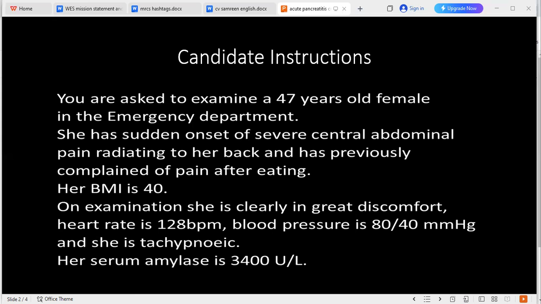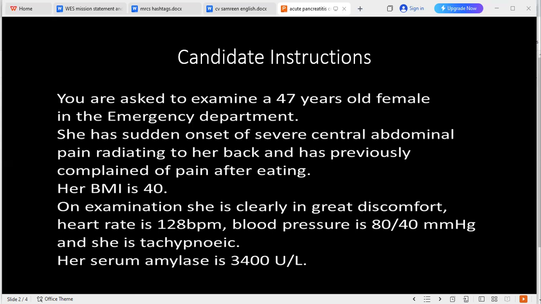It can be because of obstruction due to gallstones. There will be retrograde flow of the secretions into the duct, inflammation of the ducts and acini, and that will lead to activation of trypsinogen to trypsin, which further leads to inflammation of the ductal acini and increase in secretions.